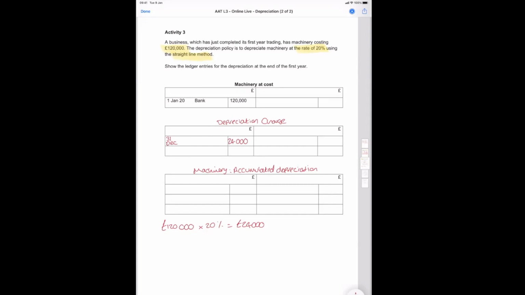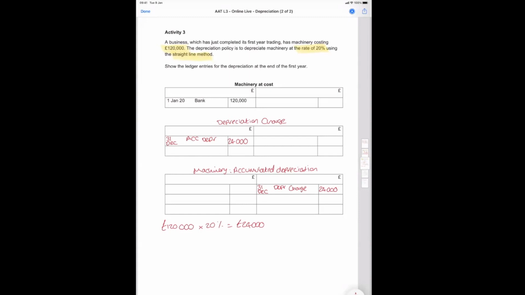Now, the opposite entry is going to be posted to our accumulated depreciation account. Okay, and this will be posted on the credit side. So 31st of December will be for the same amount of 24,000, and that will come from the depreciation charge account.